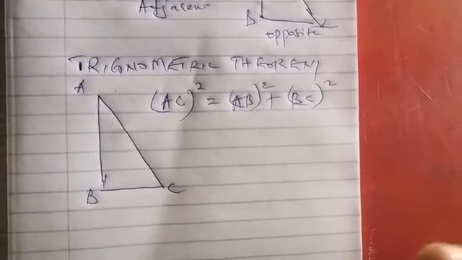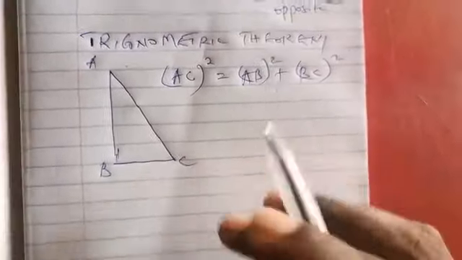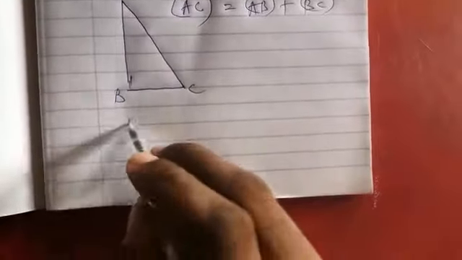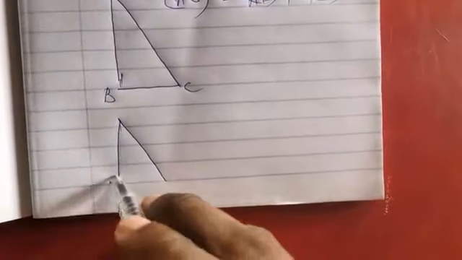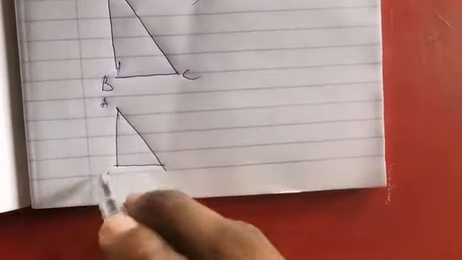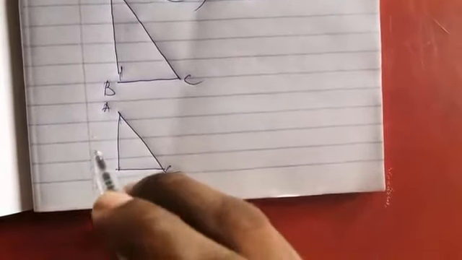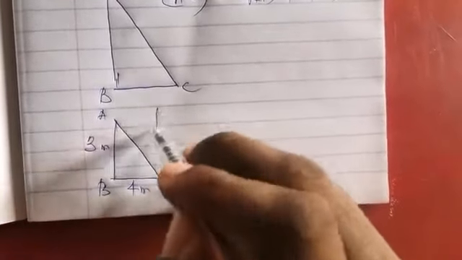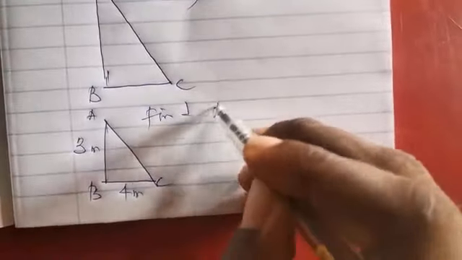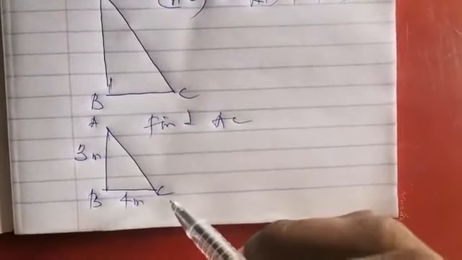So this means that if I am given a problem, let's say I have this triangle A, B, and C, and I have AB to be 3 meters and BC to be 4 meters. And the question says find AC. AC happens to be the hypotenuse arm.